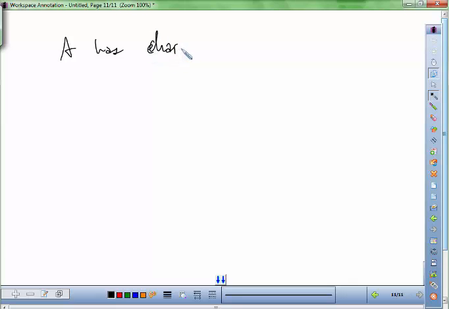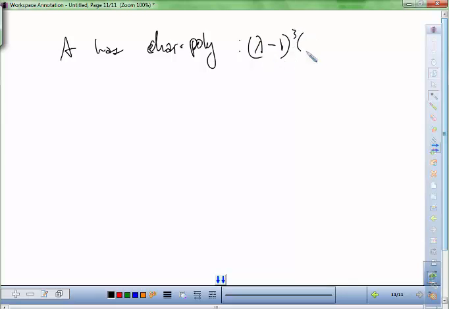So without dealing with an actual matrix, let's say matrix A has a characteristic polynomial that looks like this: lambda minus 1 to the third, lambda plus 2 squared, and lambda minus 3.